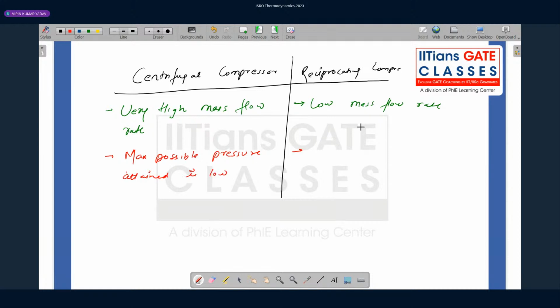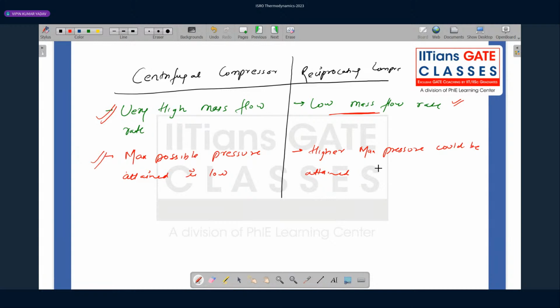And here you deal with lower mass flow rate, and therefore higher maximum pressures could be attained. So here we deal with very high mass flow rate but lower maximum attainable pressure. Here we deal with lower mass flow rate, and because of that the maximum pressure that could be achieved is high.